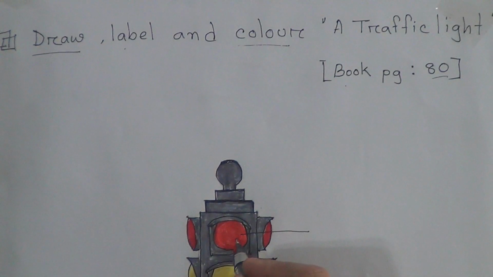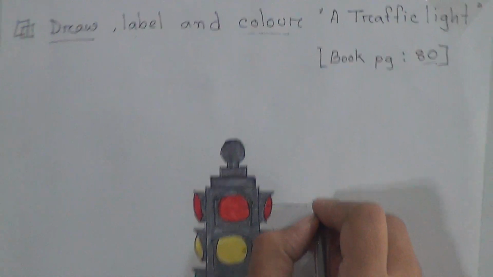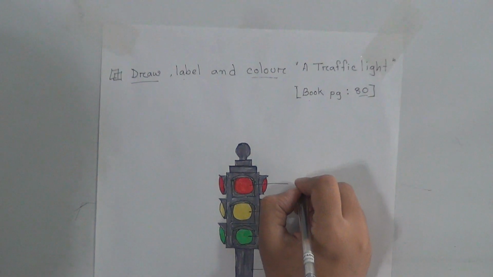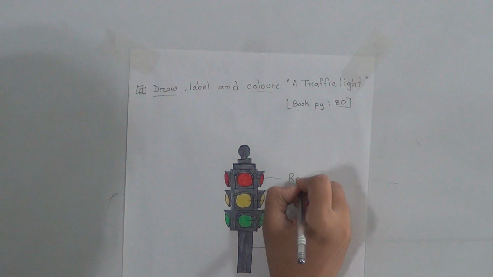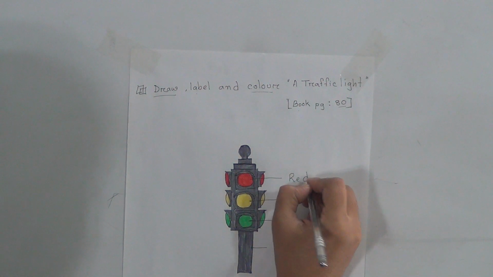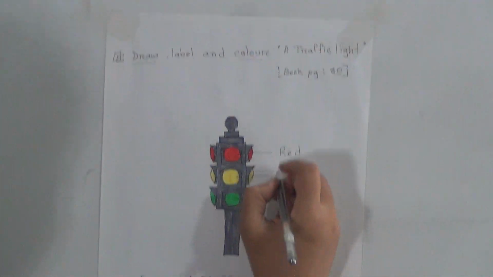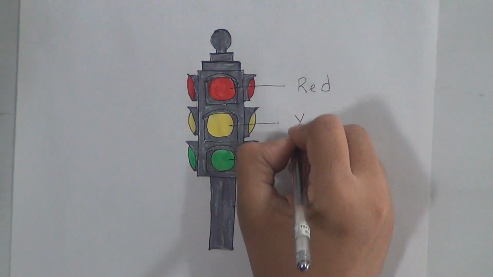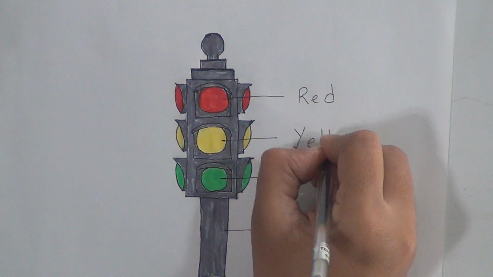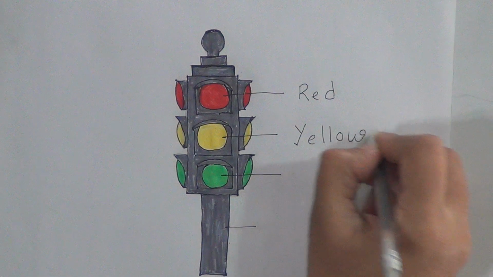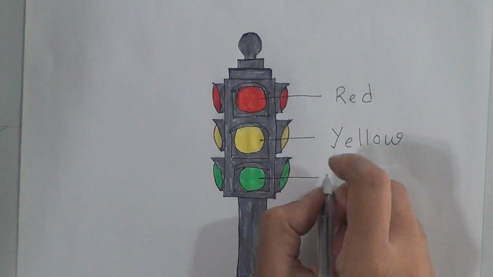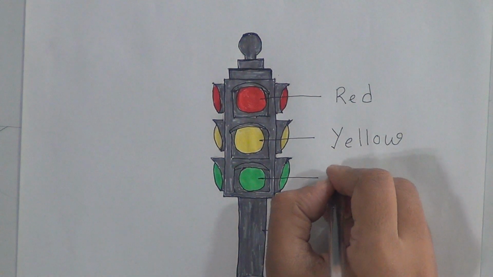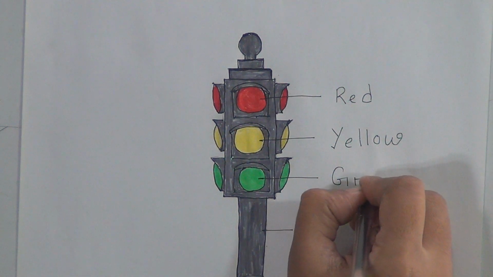First thing, the first light, it will be red. Second light, the color of the light is yellow, and the last one, the color is green.